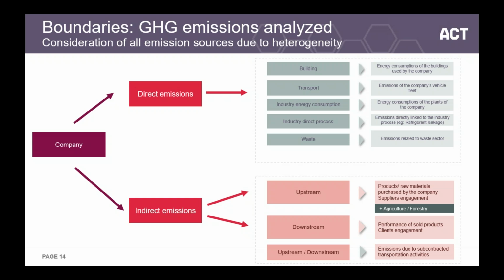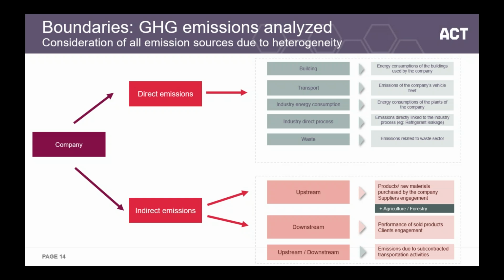If we consider, for example, a company in this scope, we need to consider direct emissions, and especially direct emissions linked to the building and the energy consumption of the building, the GHG emissions due to transport with the emissions of the vehicle fleet, the emissions related to industry energy consumption, with the energy consumed by the company, the industry direct process, and the waste GHG emissions for the direct emissions.